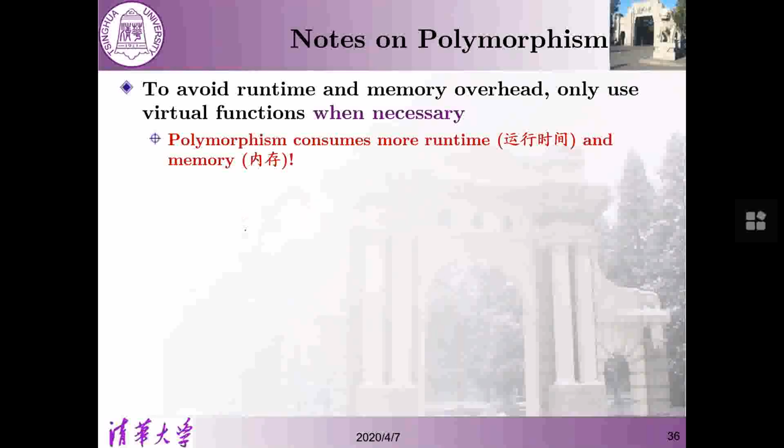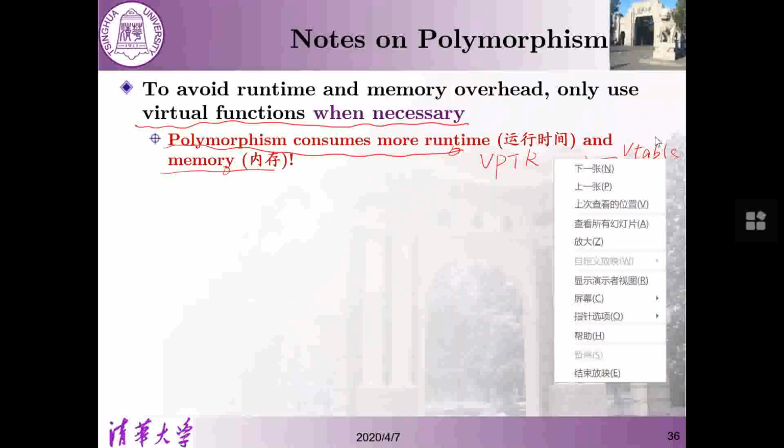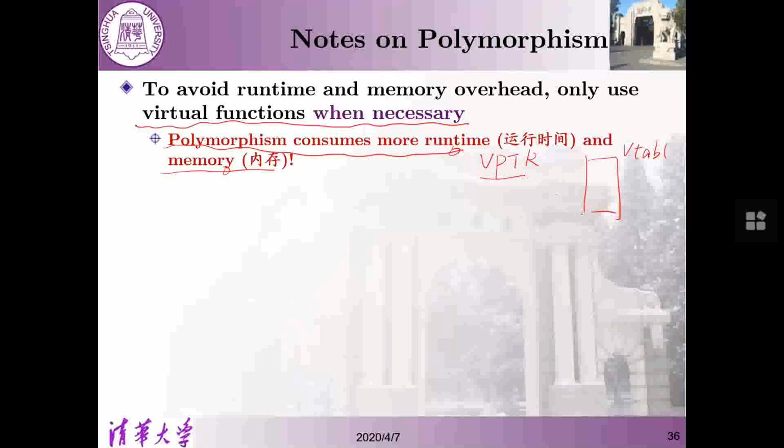There are some notes on polymorphism. To avoid runtime and memory overhead, only use virtual functions when necessary. This is because polymorphism consumes more runtime and more memory. Why? Because of the VPTR and the vtable, right? So because of this, it takes more memory, for sure.